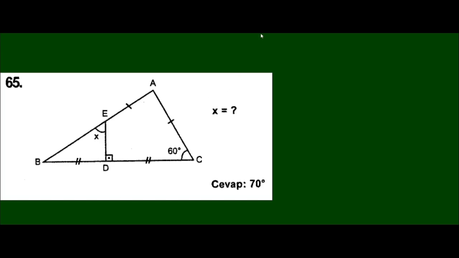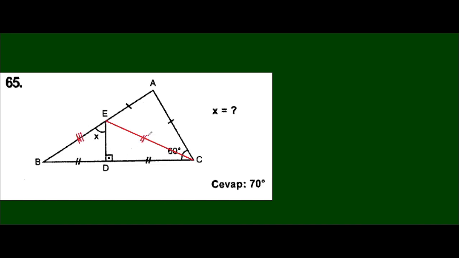Here we have to find x again. But how to find it here? Again, we have to draw a line here, the EC line that we need. And here again, we can see that triangle BEC is an isosceles triangle.